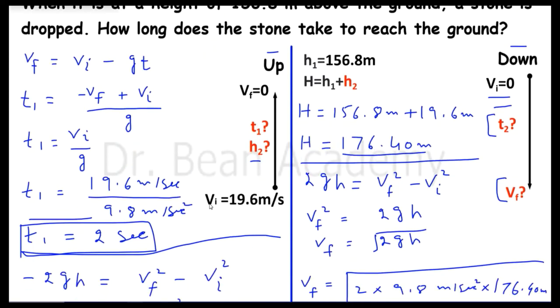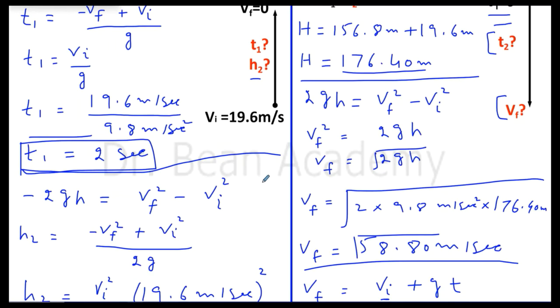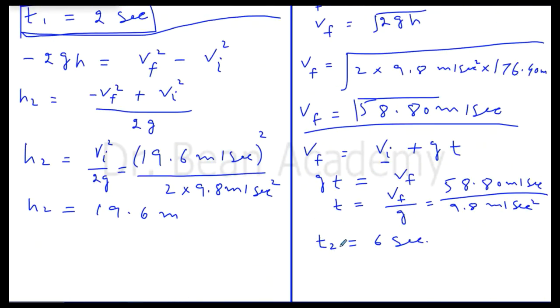So t1 is 2 seconds, and now we have t2, which is 6 seconds. So the total time t equals t1 plus t2 equals 2 plus 6, 8 seconds. So the stone will hit the ground after 8 seconds.